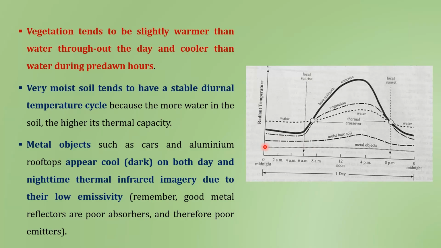And metal objects have very low radiant temperature because of their high reflectivity and low emissivity. If you remember, we have studied that good metal reflectors are poor absorbers and therefore poor emitters. Thus, metal objects such as cars and aluminium rooftops appear cool or dark in both daytime as well as nighttime thermal infrared imagery.